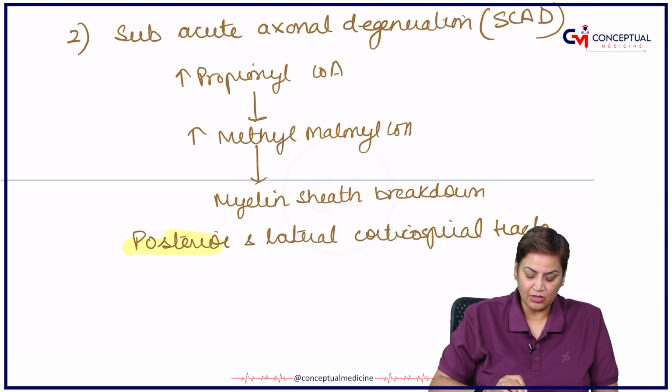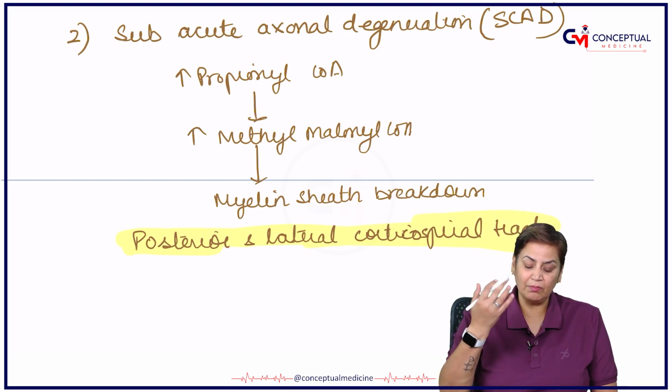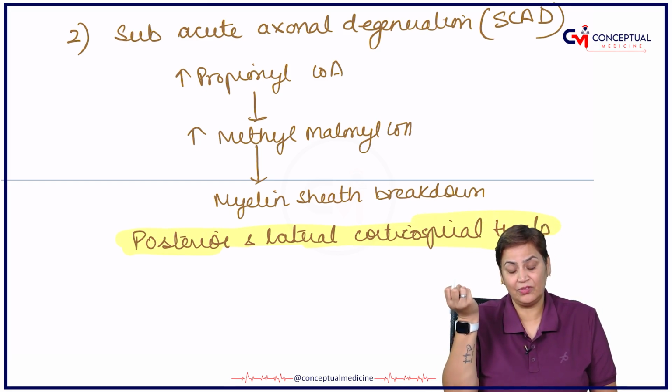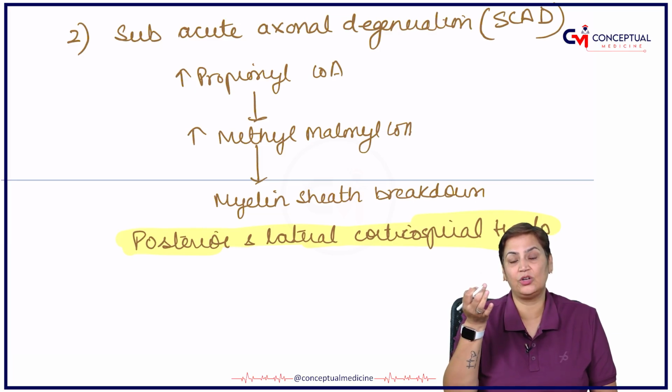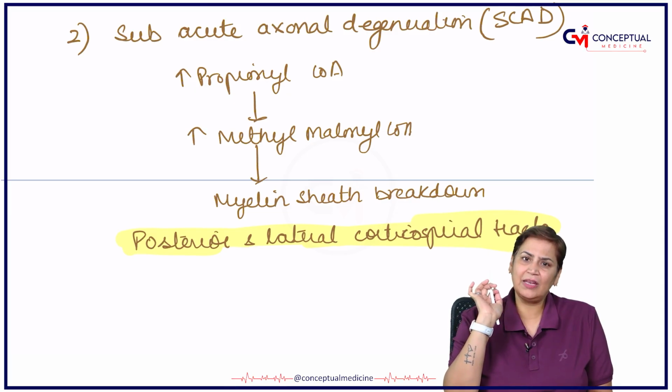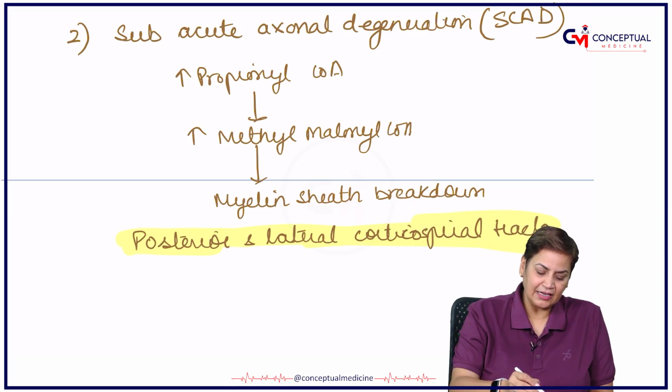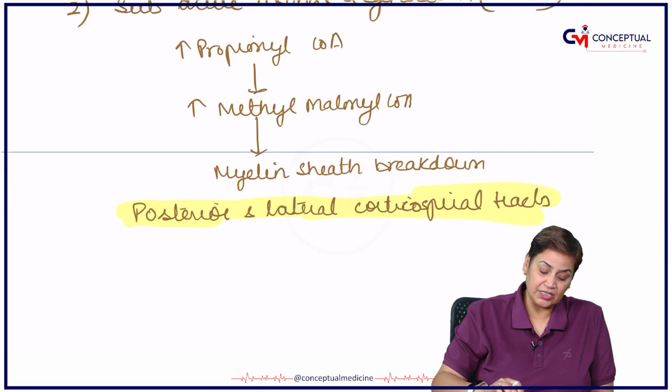Why? Because it is leading to involvement of the posterior and lateral corticospinal tracts. So excessive myelin sheath breakdown will be there due to excessive accumulation of propionyl coenzyme A. So these two are the very, very important points. And then the third one is, it leads to pernicious anemia.